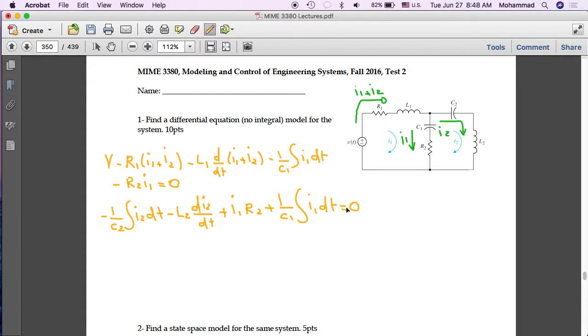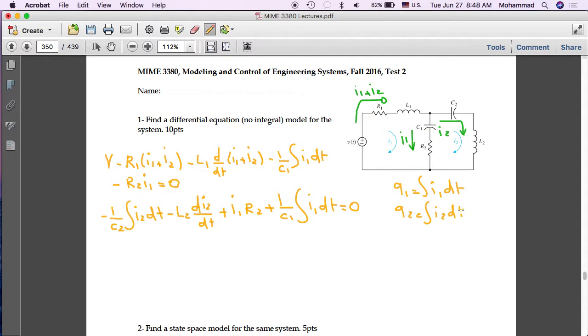If we didn't have the qualifier inside the parentheses that says no integrals, then that would have been it. Because it says please get rid of any integrals in the differential equation, we take advantage of the fact that Q1 is the integral of I1 dt and Q2 is the integral of I2 dt.